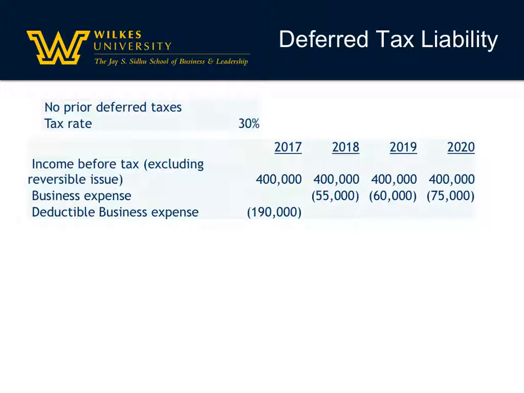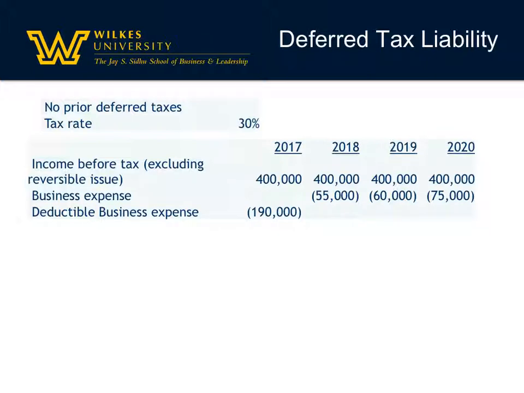So what we need to do in theory is calculate out our tax for book purposes and for tax purposes. We need to keep them in mind, keep our adjusting years in mind. So for the first year, for example, we've got $400,000 in income before the issue that we're dealing with, but for book, we don't get to deduct it.